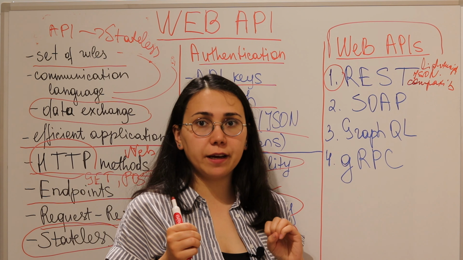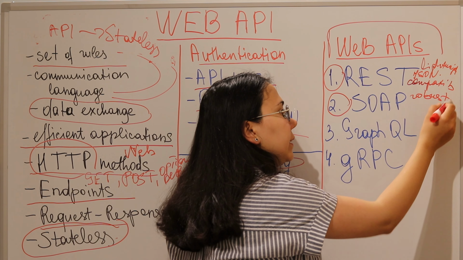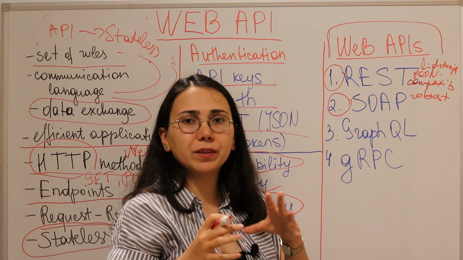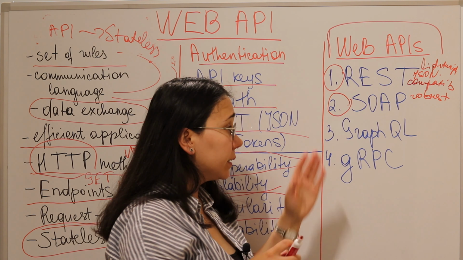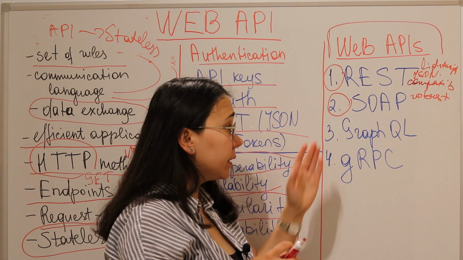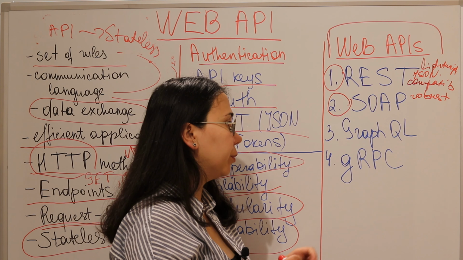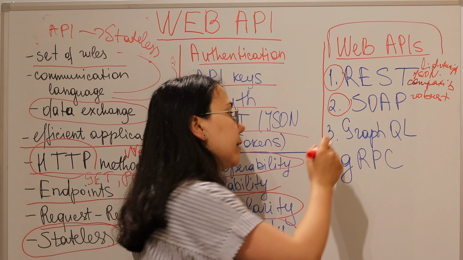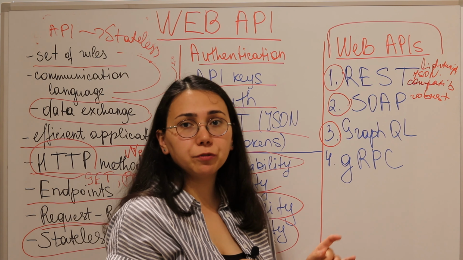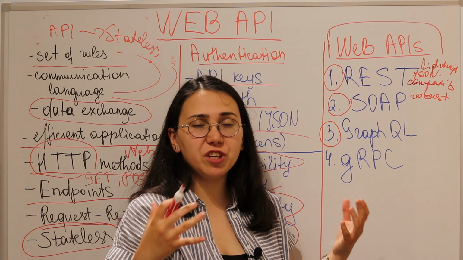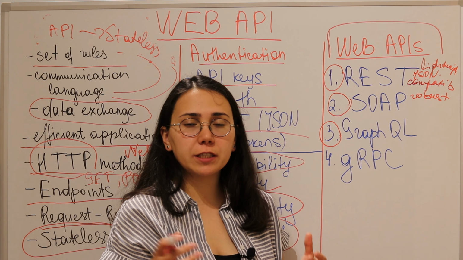Whereas SOAP, the second framework that came around earlier than REST, is very robust, but it has less backward compatibility. There are still some applications that support SOAP instead of REST, yes, but again, it's not as compatible. GraphQL is the API framework that helps you fetch the exact information that you need.